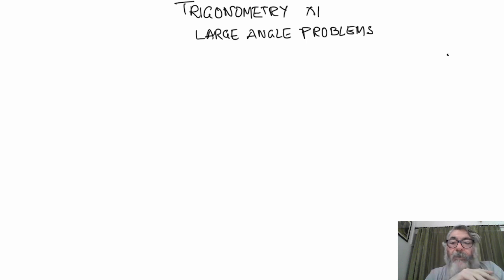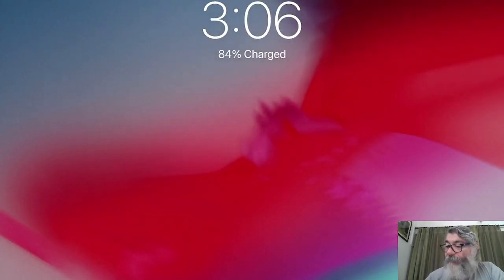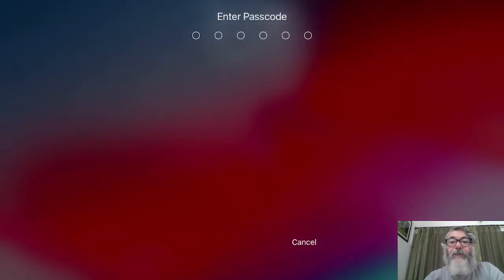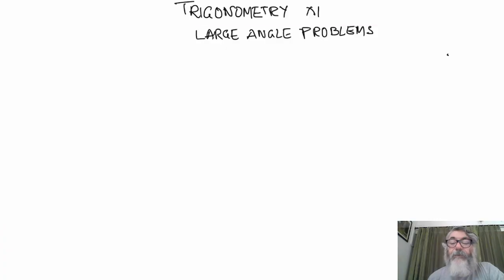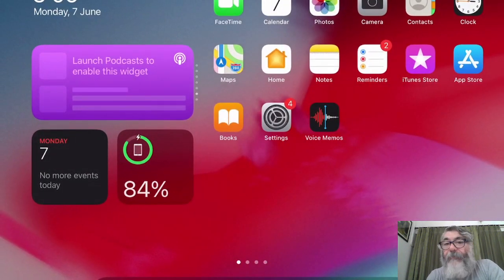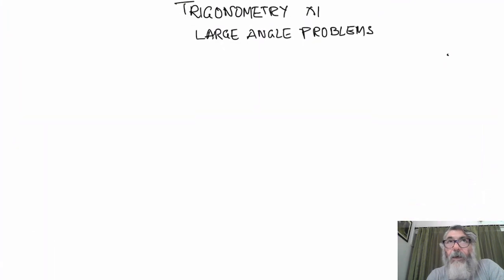how and why all ratios are positive in the first quadrant, why sine and cosec are positive in the second quadrant, why tan and cot are positive in the third quadrant, and why cos and sec are positive in the fourth quadrant.